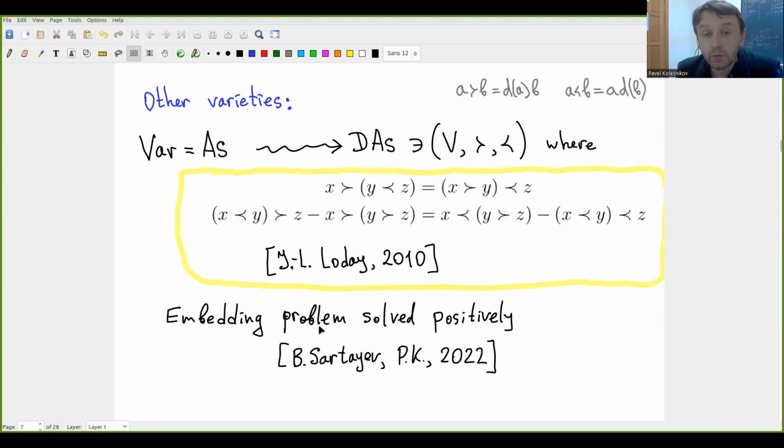The methods of proving a positive solution of the embedding problem are somehow similar to those applied for Novikov algebras, but we also found an independent way to prove that the embedding problem is positive by means of rewriting system, Gröbner-Shirshov basis, and all that stuff.